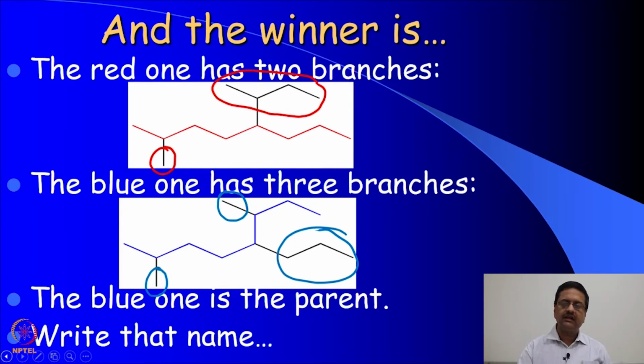So, when you have 3 substitutions in the blue parent chain, then we must identify the longest chain as the blue chain and then try to write the name of that molecule in that fashion.